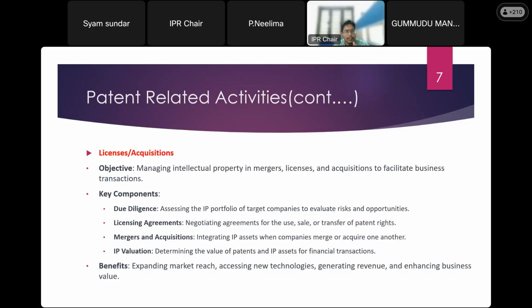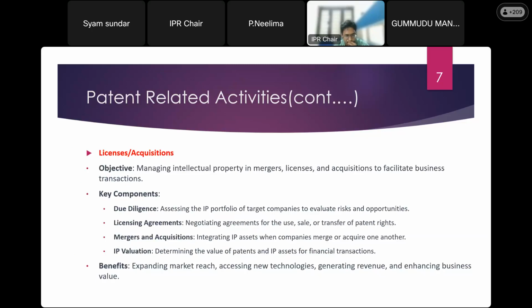And the final one: I discussed, right, patent related activity is actually four. One is patent analytics, patent prosecution, patent litigation, and this is license or acquisitions. Normally, once your patent is granted, it can be commercialized.